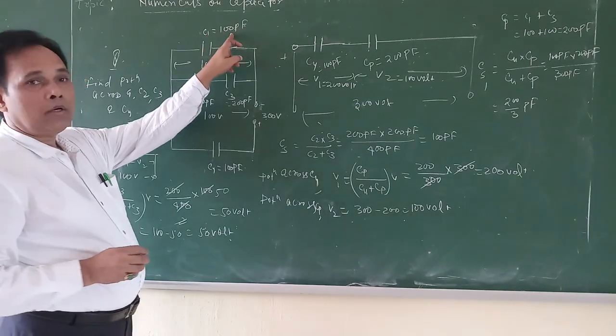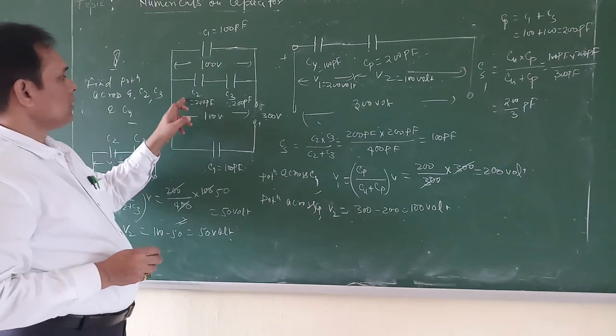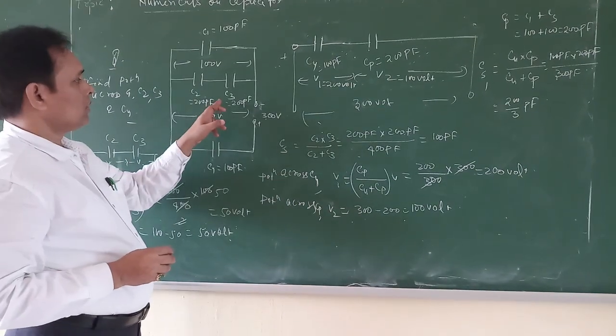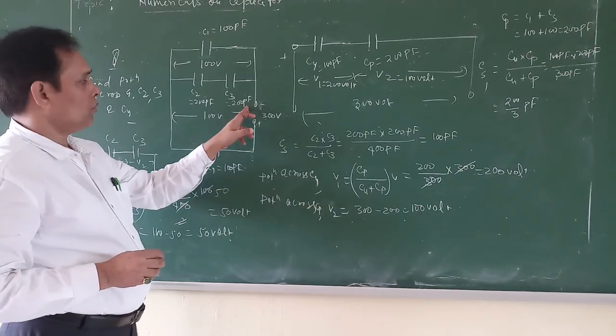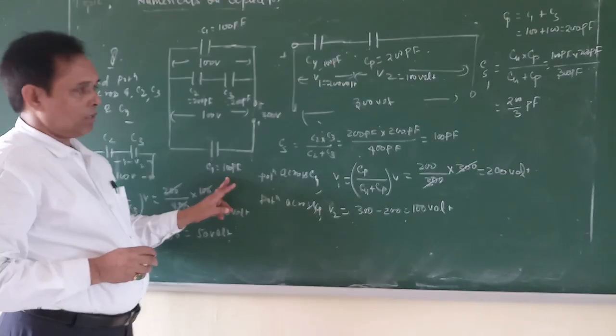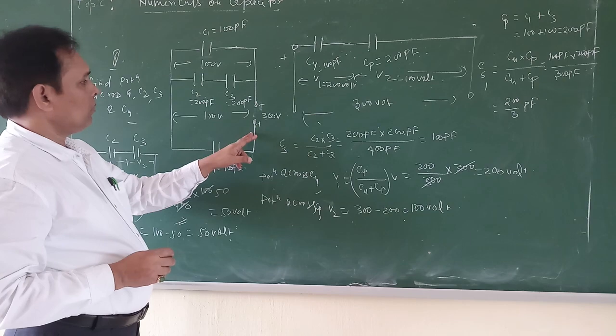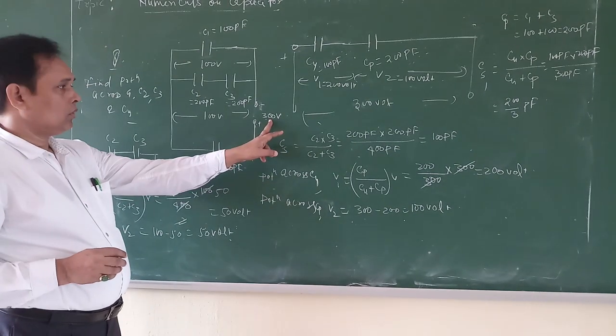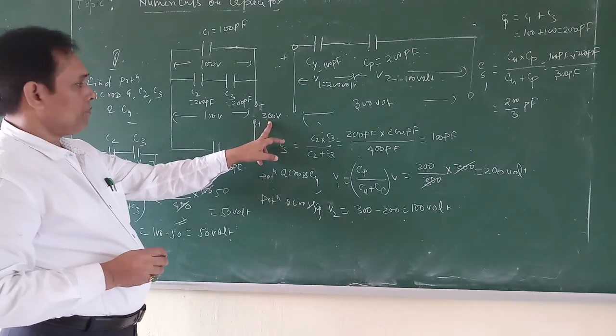Capacitor C1 is 100 picofarad, C2 is 200 picofarad, C3 is again 200 picofarad and C4 is 100 picofarad, and these are connected with a 300 volt source.